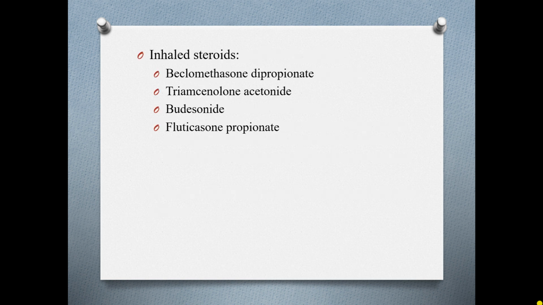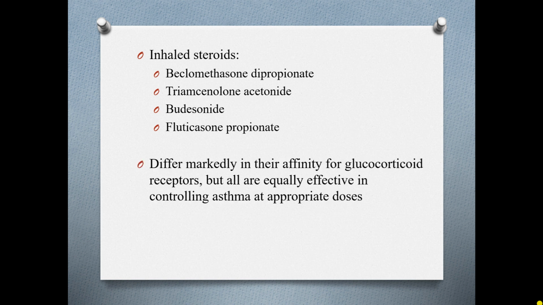Inhaled corticosteroid drugs are beclomethasone dipropionate, triamcinolone acetonide, budesonide, fluticasone propionate. They differ markedly in their affinity for the glucocorticoid receptor, but all are equally effective in controlling asthma at equipotent doses. What is the current therapeutic status?